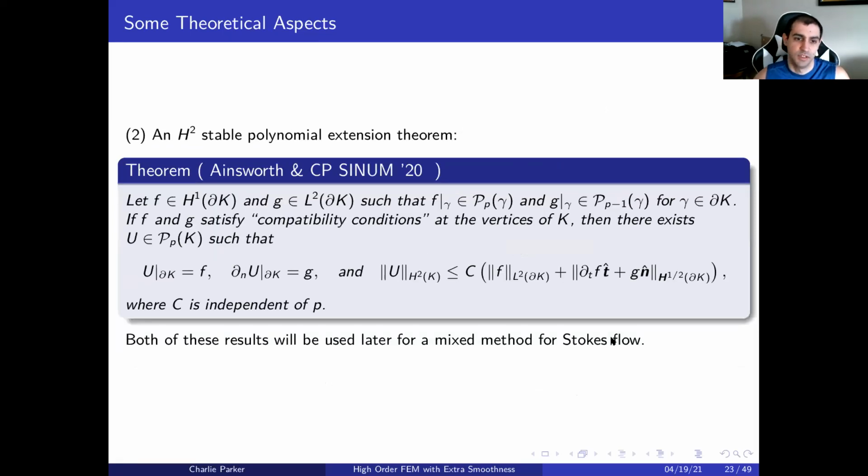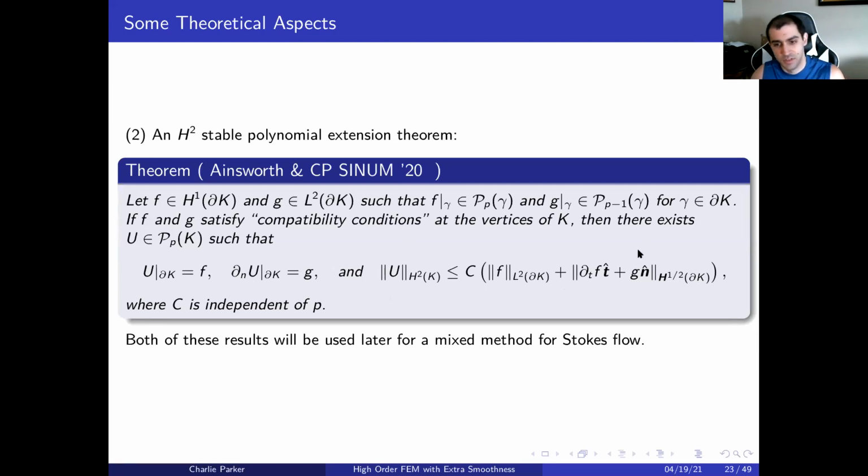The second component is an H2 stable polynomial extension theorem. What this says is that if you give me two functions f and g, such that f is piecewise degree p on the boundary of the triangle and g is piecewise degree p-1, and these functions satisfy certain compatibility conditions at the vertices, then you can find a polynomial defined over the whole triangle such that its restriction to the boundary is f, its normal derivative on the boundary is g, and most importantly, its H2 norm is bounded by an appropriate boundary norm on the data.